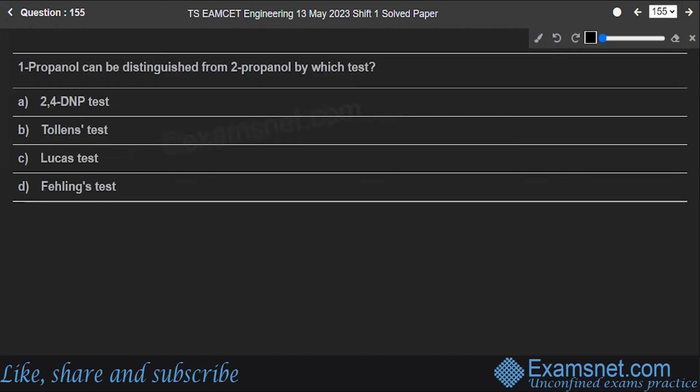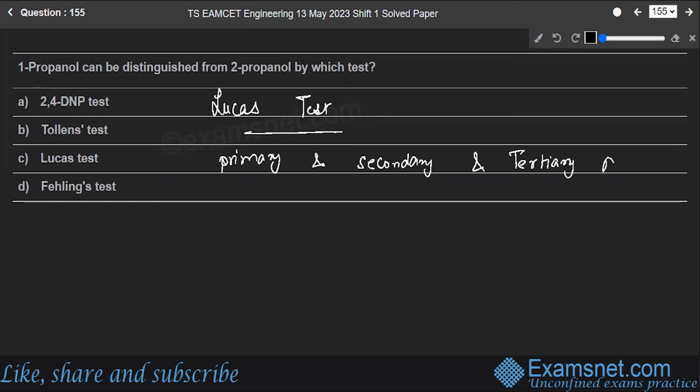1-propanol can be distinguished from 2-propanol by which test? This can be done by using the Lucas test. This test is used to differentiate between primary, secondary and tertiary alcohols, by using Lucas reagent, that is anhydrous zinc chloride in concentrated HCl.